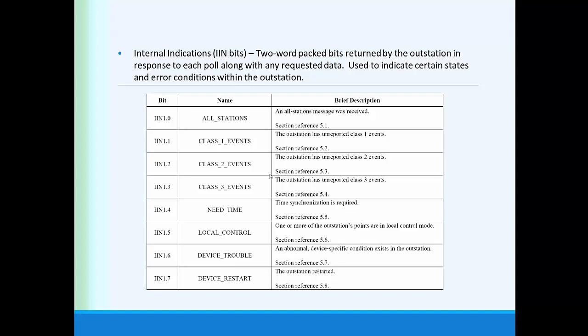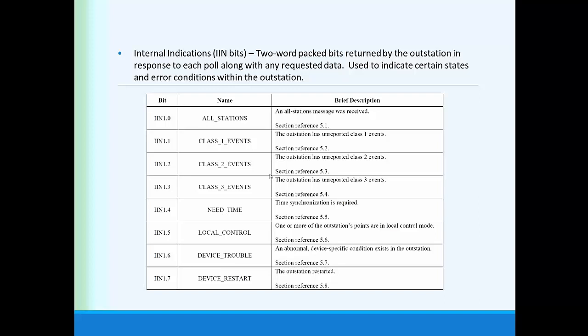That means that meter needs an update to its time sync. Then the next time the master station polls that meter, it will include a time sync signal. And it will only send a time sync signal when the outstation has set its IIN 4 bit saying, I need an update. Go ahead and update my clock.